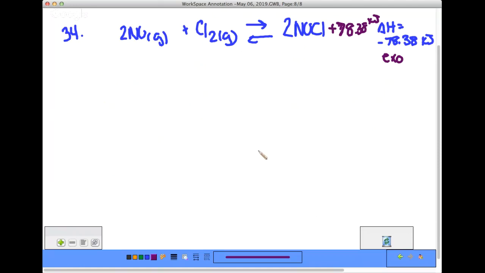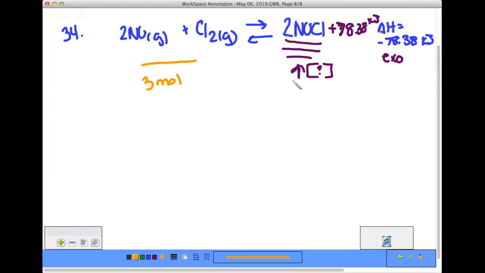So we want to know what conditions of temperature and pressure will produce the highest yield of this. So we want a really high concentration of this. So what are we going to need to do to increase the concentration of our forward reaction? So we want to favor the forward reaction. Well, the first thing, if we want to talk about pressure, is that we know that there's 3 moles of gas on this side, and there are 2 moles of gas on this side.